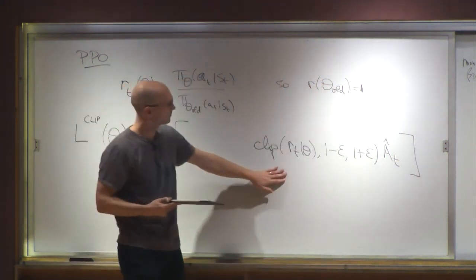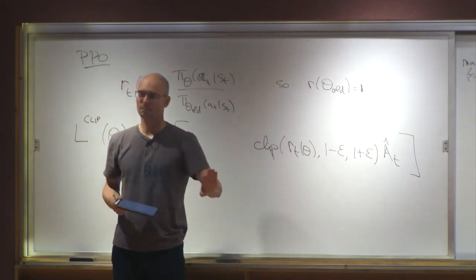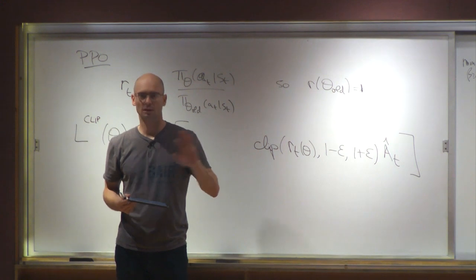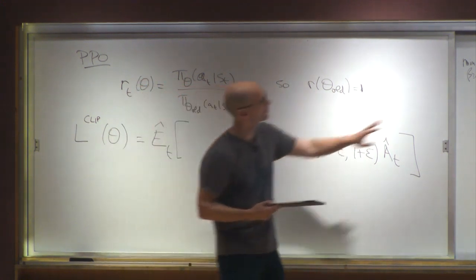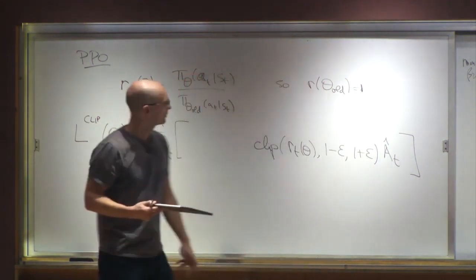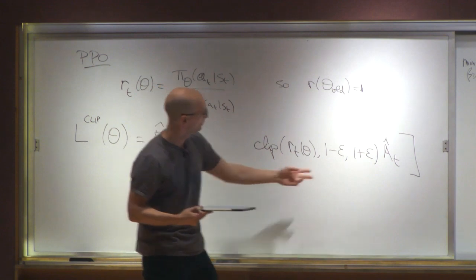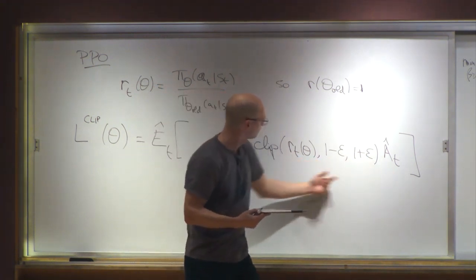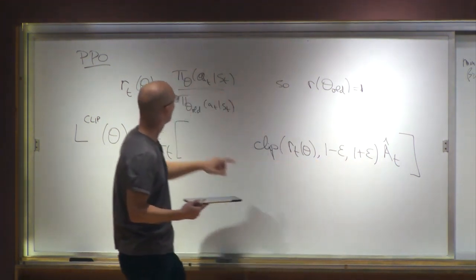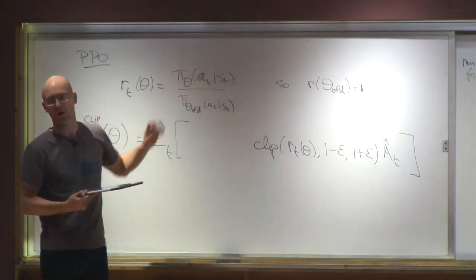What is this saying? Let's say no clipping is happening. We're close enough to 1 that no clipping happens. Well, then it's really just this objective again, this term here. What is happening? If I nudge theta to get somewhere where for a specific state and action pair, this ratio moves too far away from 1.